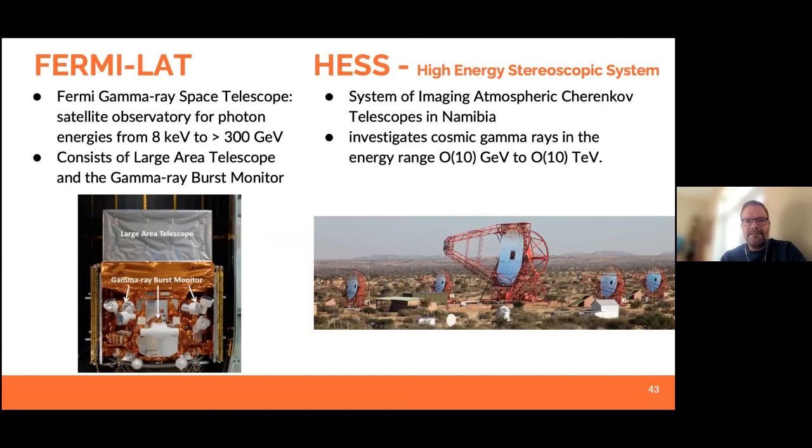And the other one is HESS, which is an array of ground-based atmospheric Cherenkov telescopes. The energy range there is quite different, it's quite a bit higher. It goes from order 10 GeV to order 10 TeV, so it can really measure very high energetic gamma rays.